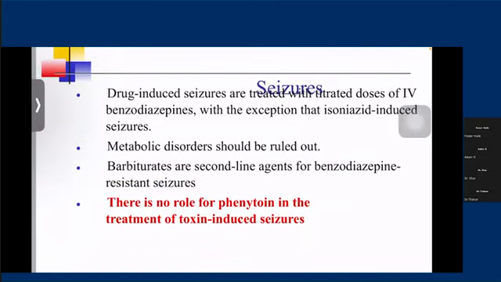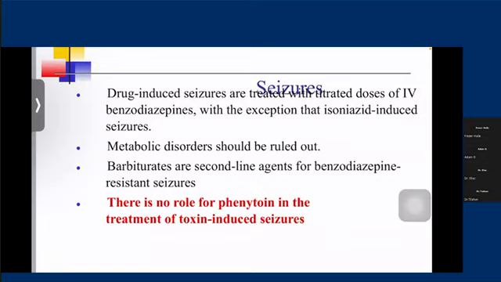Seizure can also happen in a patient who presents with poisoning. The management principle of seizure in a poisoning patient is giving benzodiazepines, which are first-line medications, but specifically for a patient who presents with INH poisoning, we can consider giving pyridoxine, which is a first-line medication.